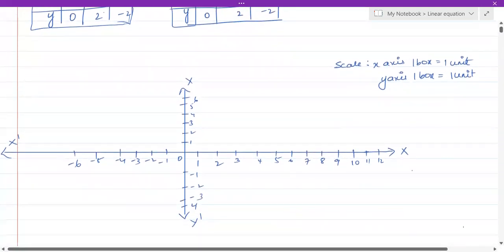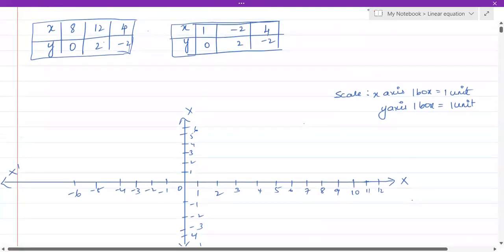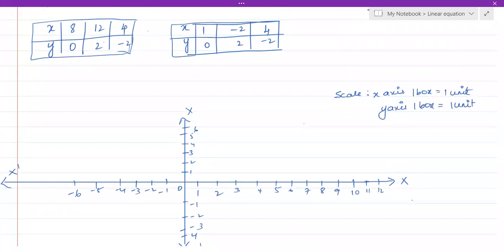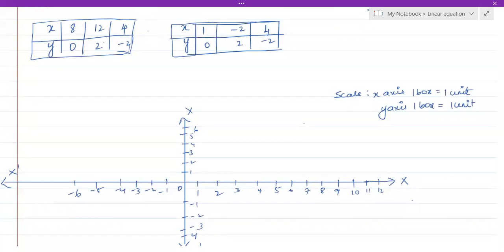As you can see in the first box, when x is 8, y is 0. So on the x-axis, you have to select where 8 is. Let me take red. So x is 8 here and y is 0, which means you should not move anywhere. So plot it here itself. So this is 8.